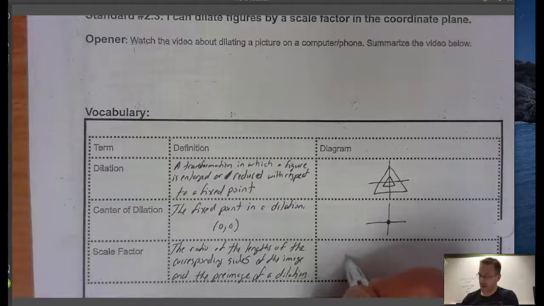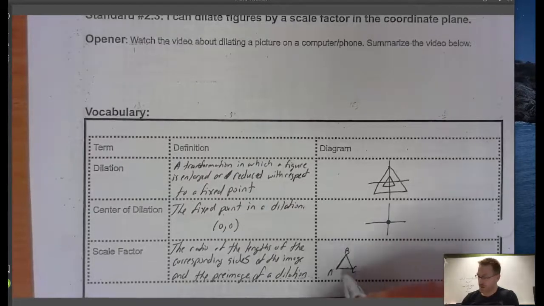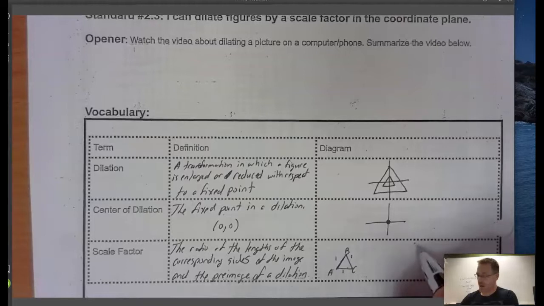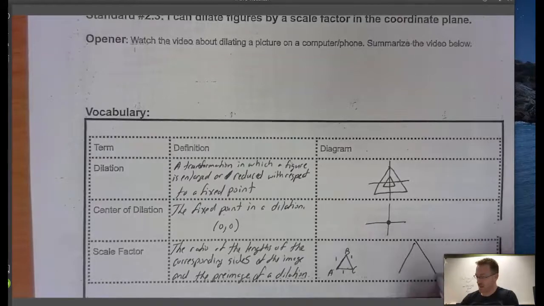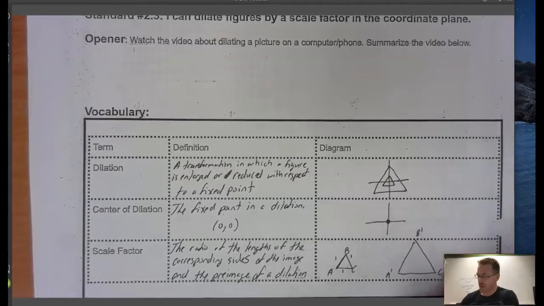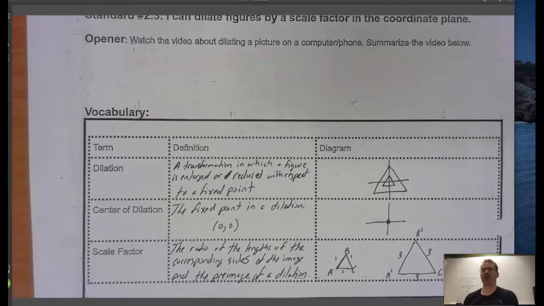So let's just say I have triangle A, B, C here, and let's say we have an equilateral triangle, and all the sides are 1. Then I would perform my dilation, and it can make that triangle bigger, and this would be A prime, B prime, and C prime. And now maybe they all have side lengths of 3.